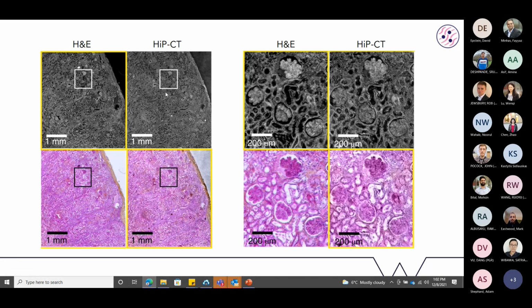Top right of the left set of images is the HiP-CT image, where it's been color normalized, and this image is the grayscale version of the H&E image. For comparison, you can see they're looking very similar, and the resolution you're achieving is quite good. On the right images, we've got even higher resolution, and again you can compare the two different types of images.